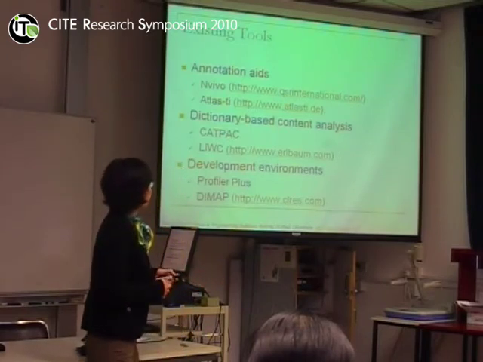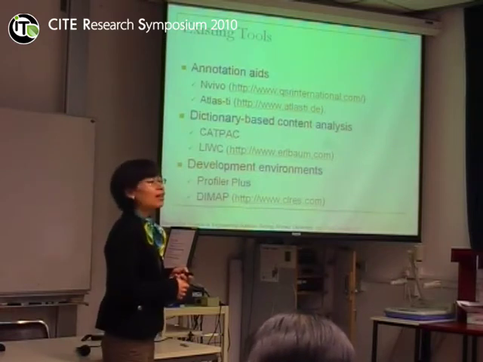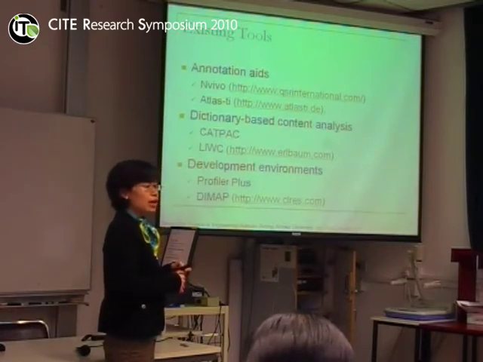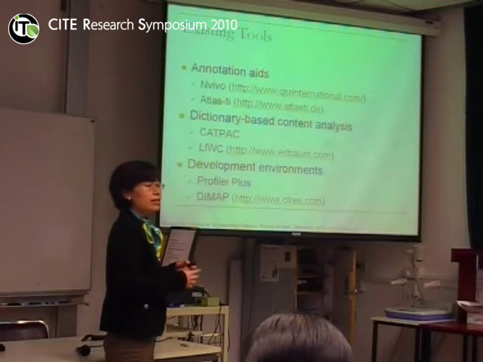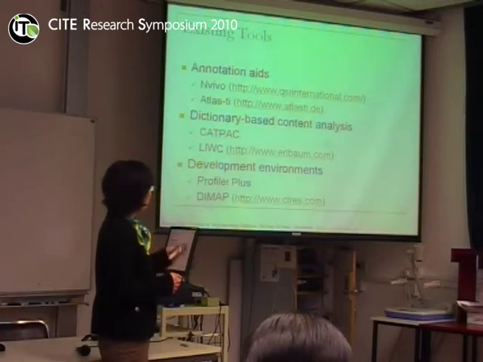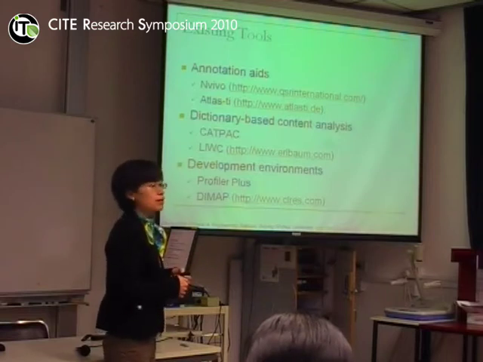And the second kind of tool is called dictionary-based text analysis. It can do some functions such as text frequency counting, sorting, and so on. And the last kind of tools is actually some development environments.